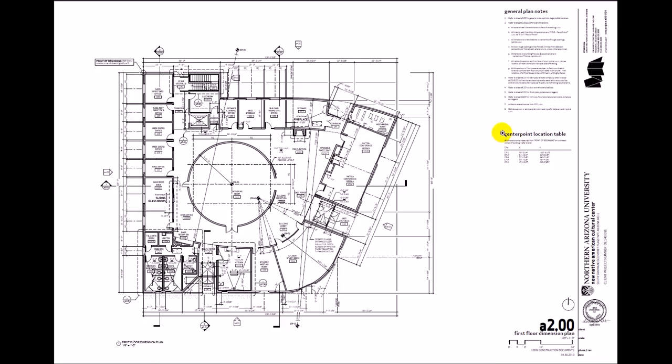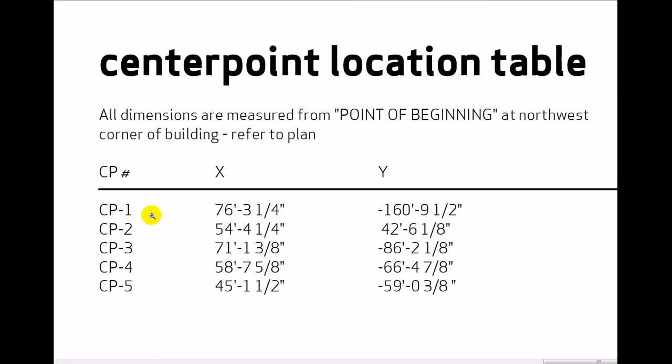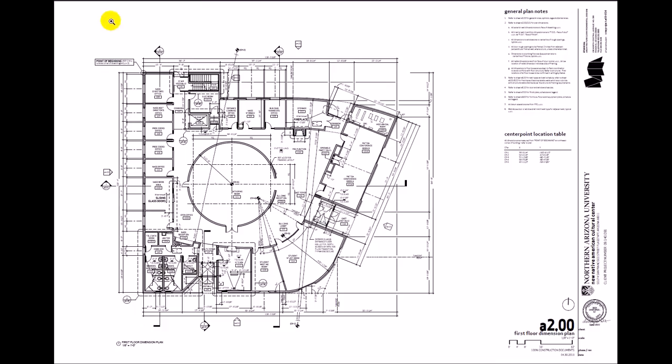If we go over here, center point number 2, you can see that there are some dimensions given, and these dimensions are measured from that point of beginning. So to start the whole building, the contractor is going to have to figure out where this point is from the civil drawings, and then everything is referenced off that. So now we know where everything is in this building.